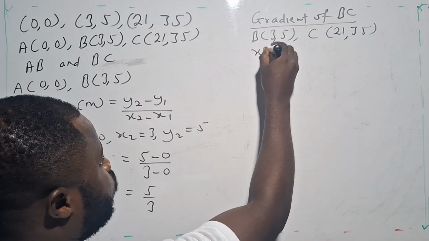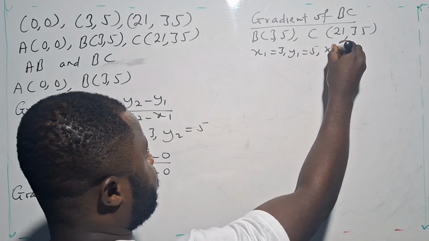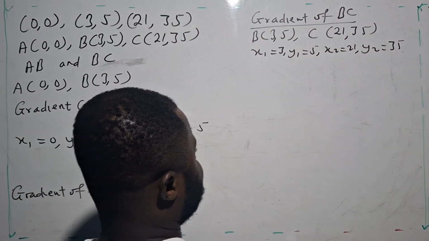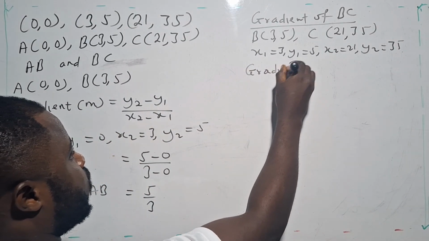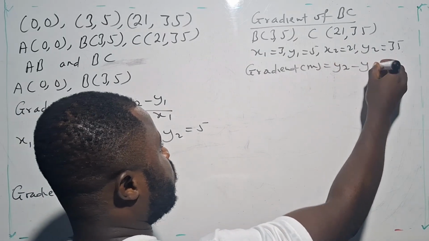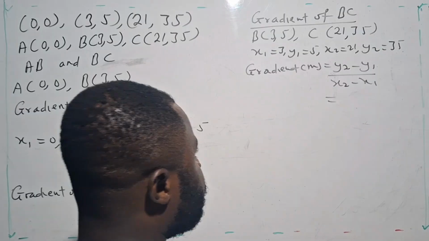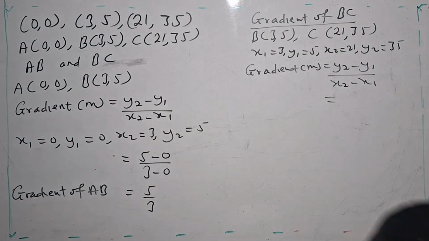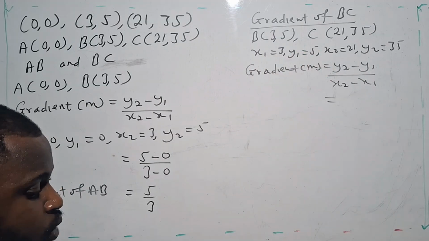Here our x1 is 3, y1 is 5, x2 is 21, then y2 is 35. So the gradient, which is small m, is y2 minus y1 over x2 minus x1. We are going to put the numbers back into the formula.